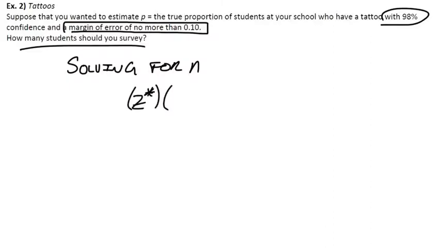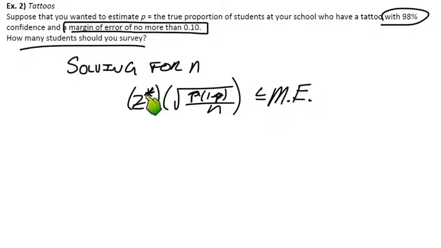So let's keep in mind the formula here for margin of error: z star times the standard error for p hat is less than or equal to ME. We definitely are not given a sample proportion in this example. It doesn't come out and say, like, 0.27 of the kids at your school, when you did your survey, had tattoos.